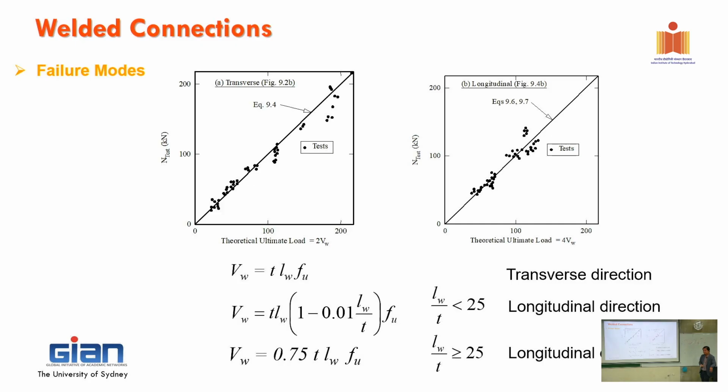Yes? We have taken the weld strength FU as it is. Since it's shear in both transverse and longitudinal direction, is it not 1 by root 3 times FU? Now, FU here we just get from the property of the weld. FU is just the ultimate strength. It's only 1 by root 3 times FU that would be the shear limiting stress.